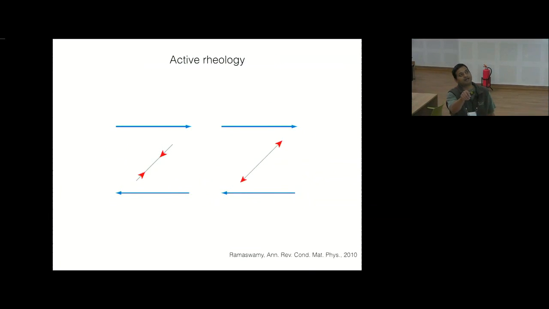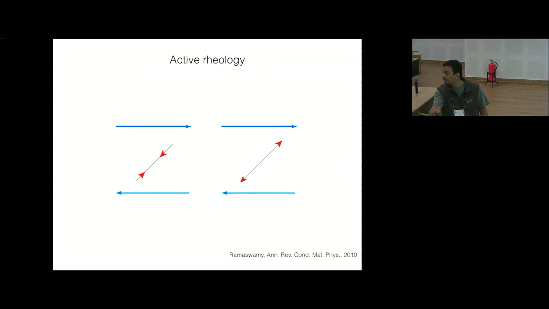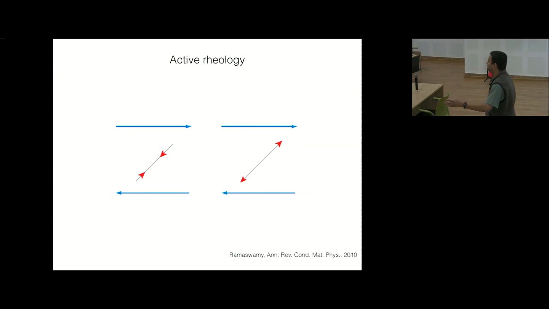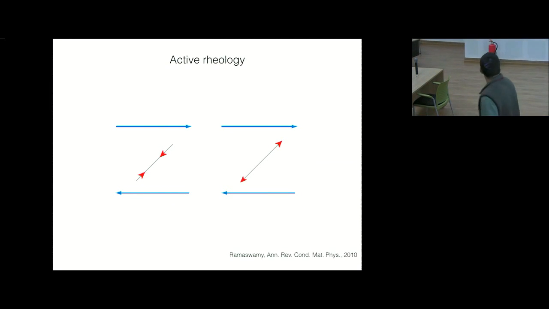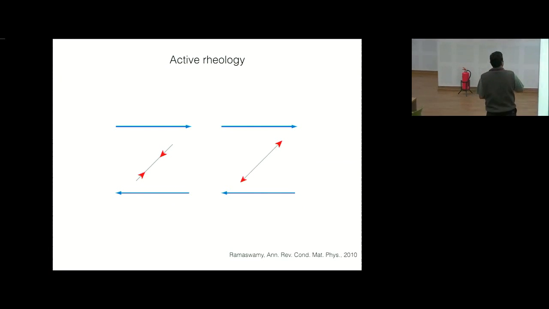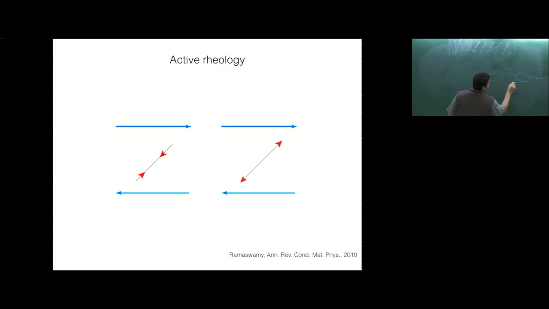If I apply a shear, and I have an object over here which is itself producing a flow, so this object is like a bacterium, like the one I just drew over here, where the head is going like this, there's a drag force, it's a force dipole, it's pushing fluid out, right? So this is referred to as a pusher, okay?